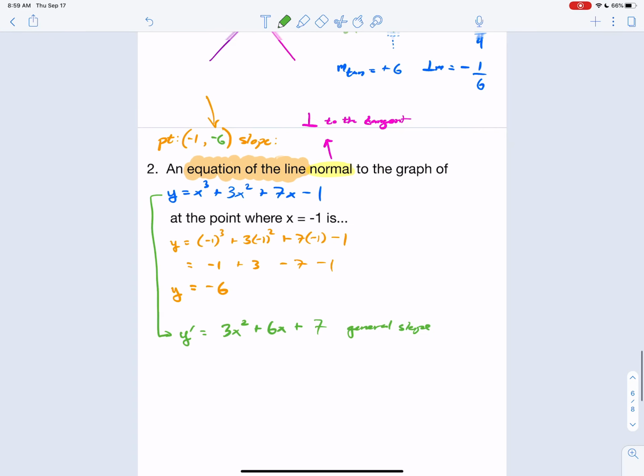So I am going to evaluate y prime at -1 comma -6. That'll give me 3 times -1 squared plus 6 times -1 plus 7. Oh gosh, what does that come out to? That's 3 minus 6 plus 7. That should give me a +4.